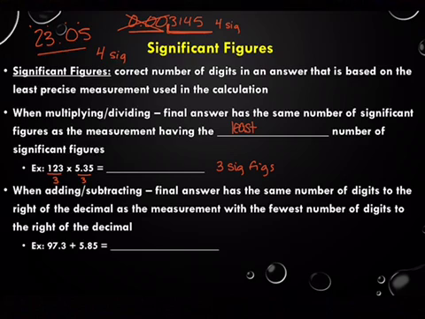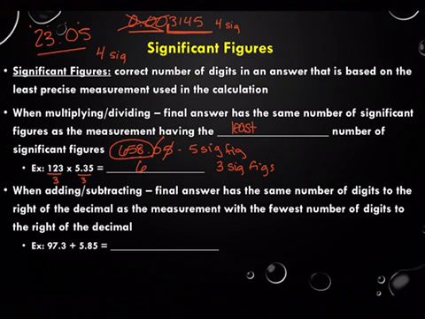So when you multiply this out on the calculator, you are going to get 658.05. This number has 5 significant figures. And your final answer cannot have 5 sig figs. So you start from the right and you start to chop them off until you only have 3 left.